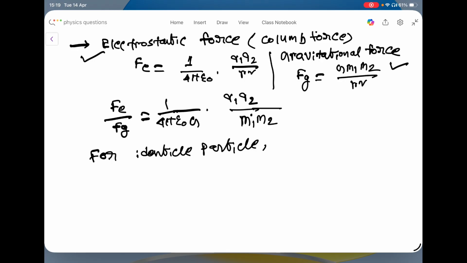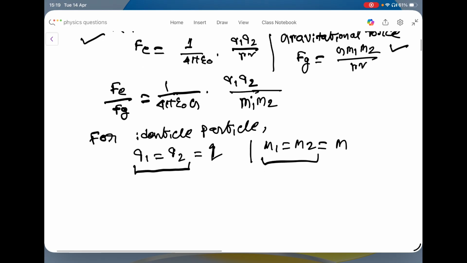For identical particles, q1 equal to q2, so let's say it is equal to q, and m1 equal to m2, so let's say it is m. For the identical case both charges are the same and masses are the same, okay? So now what will be F of E by F of G?